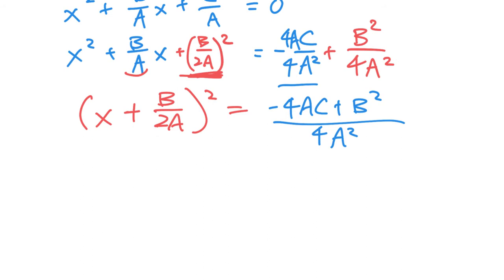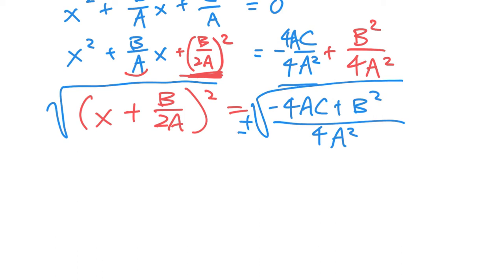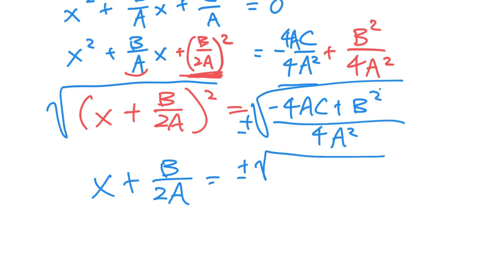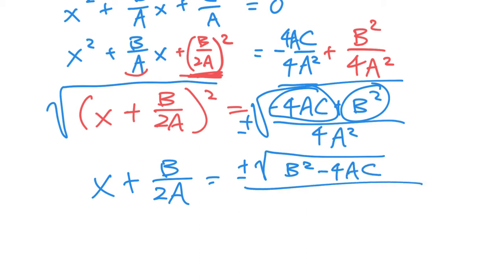Okay, we're going to square root both sides, add the plus minus. This becomes x plus b over 2a equal to plus minus square root of, I'm going to write the positive term in the front, negative term in the back, so b squared minus 4ac, all over, notice that this is a perfect square, so we can take it out of the square root, 2a.